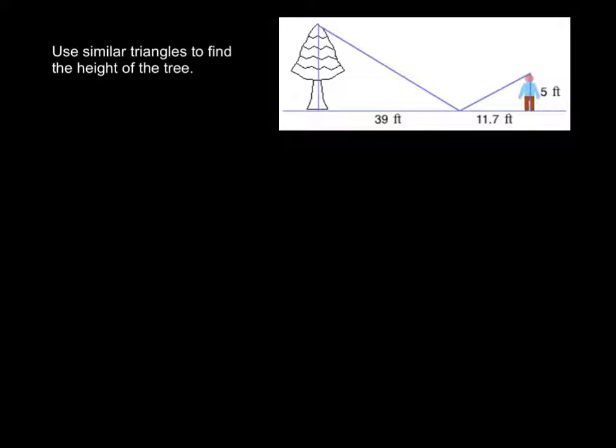So here we do have two similar triangles, and we need to find the height of the tree. So here, let's figure out our proportions. This would be x. We don't know how tall the tree is. We do know how tall he is. So let's have our numerators be the height, and then our denominators will be kind of the shadow.